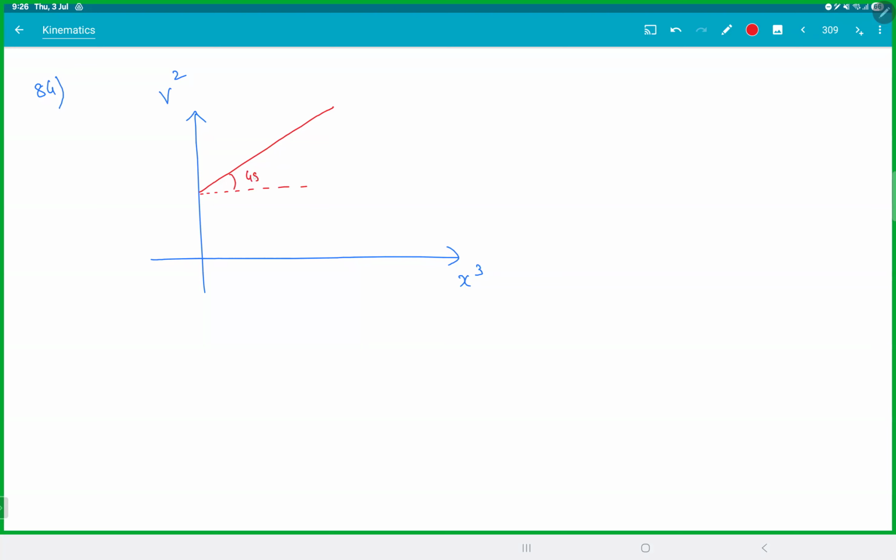Let's say this is 45 degrees and this point is 100. Find acceleration at x is equal to 1. Yeah, it's not getting uploaded. Okay, let it be.